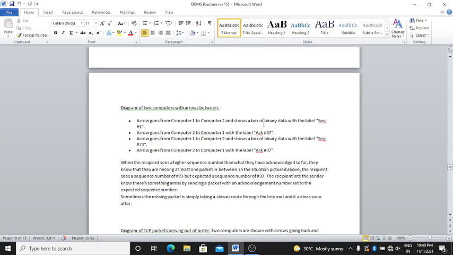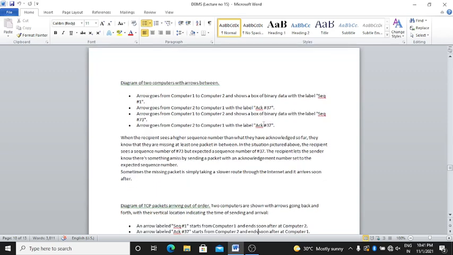The recipient lets the sender know there's something amiss by sending a packet with an acknowledgement number set to the expected sequence number. Sometimes the missing packet is simply taking a slower route through the internet and arrives soon after.